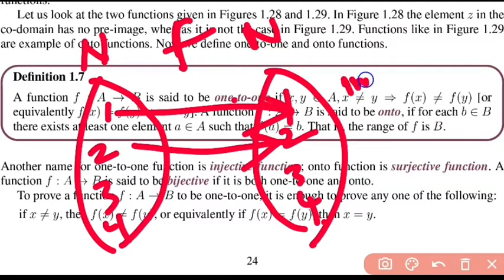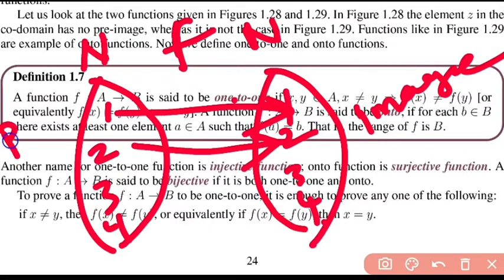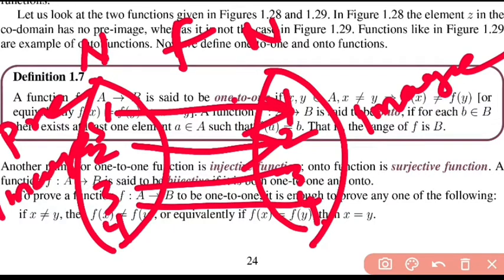This is the image point, this is the pre-image point. So if all images have pre-images, then it's called onto function. If any one image does not have the pre-image, it's called not onto function.